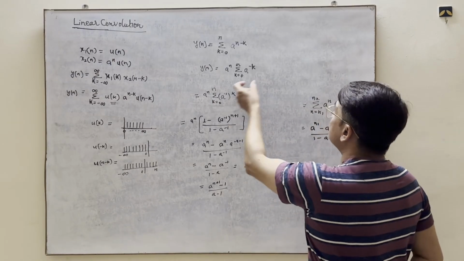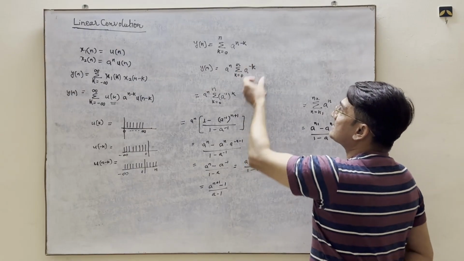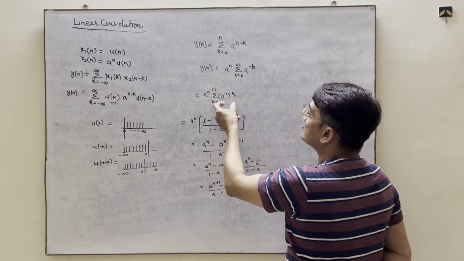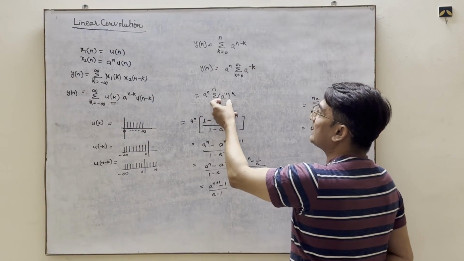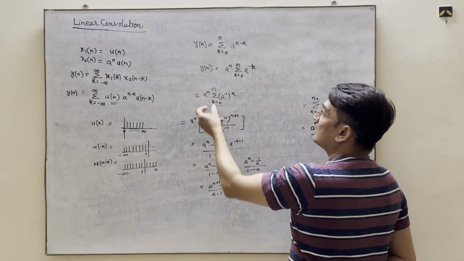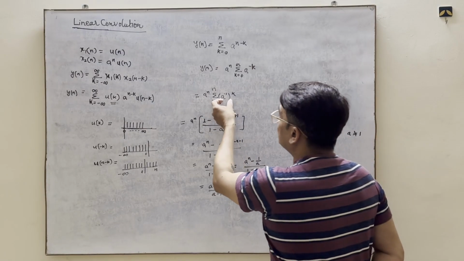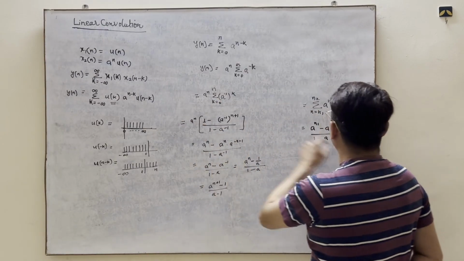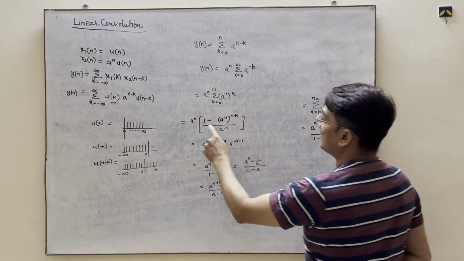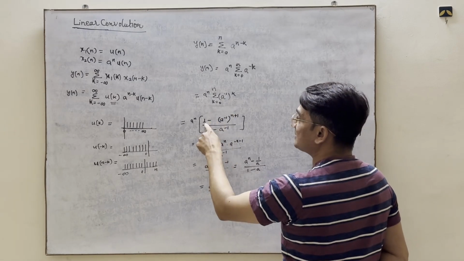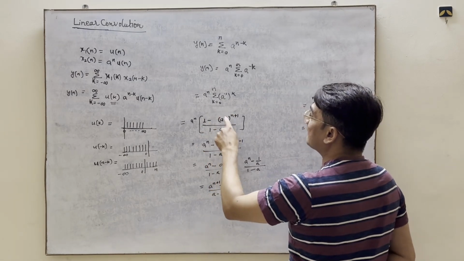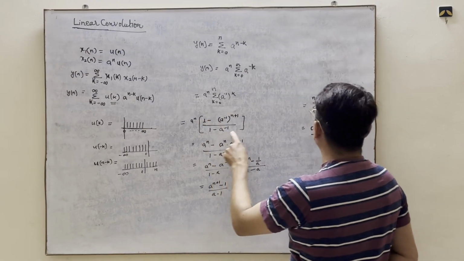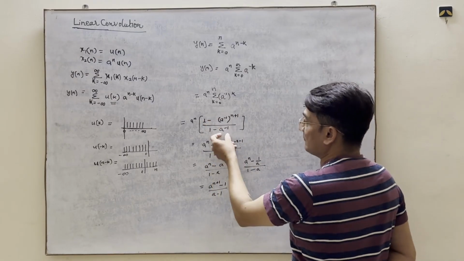So in this case we have to keep this function in the form of this. So a to the power minus k can be written as a to the power minus 1, whole to the power k. So now this part will become your a, and then a to the power n, according to this a to the power n1, which is a to the power 0, which is 1, and then a to the power minus 1, whole to the power n plus 1, upon 1 minus a, which is a inverse.